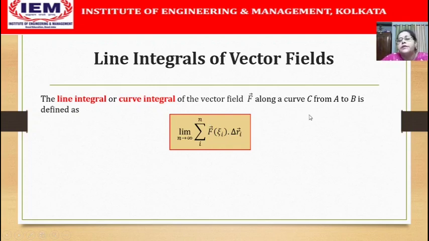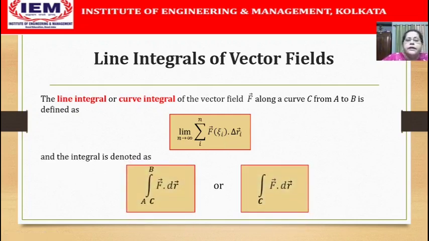Here the curve C is essentially divided into n parts by some points P0, P1 up to Pn, and xi_i is a point in an arbitrary interval P_(i-1) P_i. And this line integral is denoted as the integral of f dot dr along the curve C from A to B, or just f dot dr along the curve C.